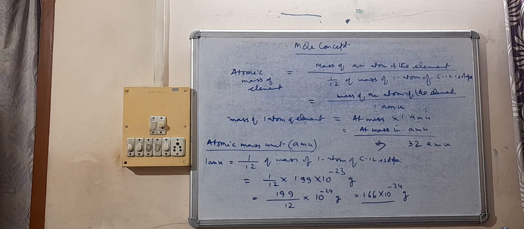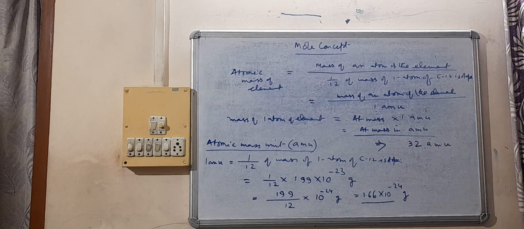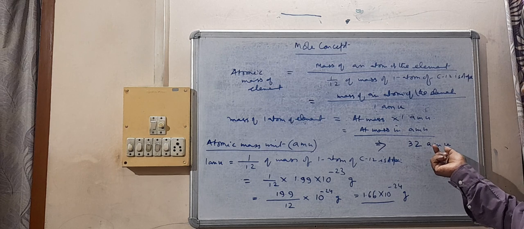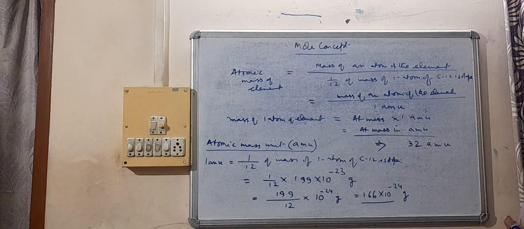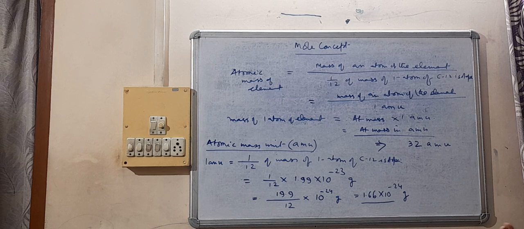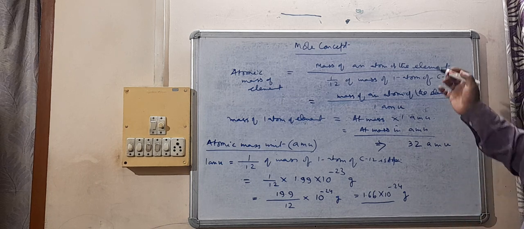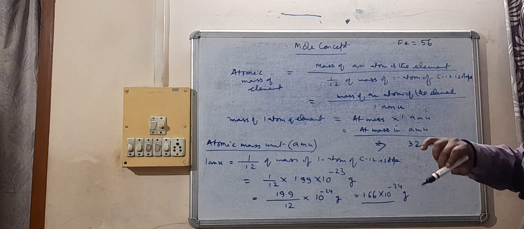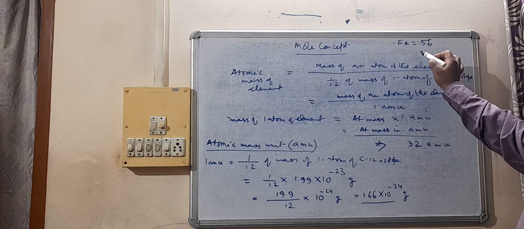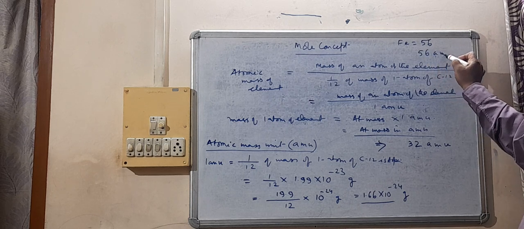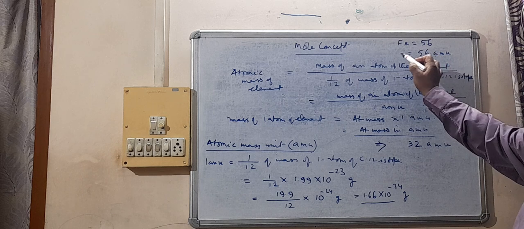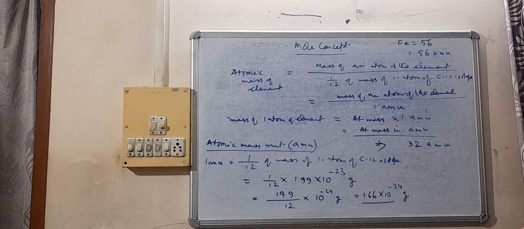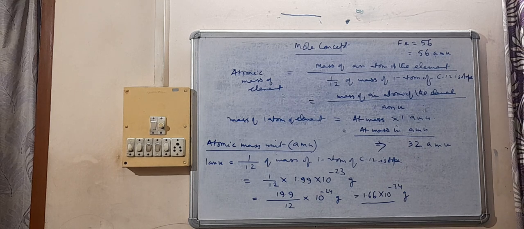Sometimes you will see it written like this in books or in questions. So whenever AMU is given like this, you should understand that it is the mass of one atom of the element. Another example, iron, we know the atomic mass of iron is 56, no unit. Now if we are talking about 56 AMU, then 56 AMU will be the mass of one atom of iron. So mass of one atom of iron is 56 AMU.